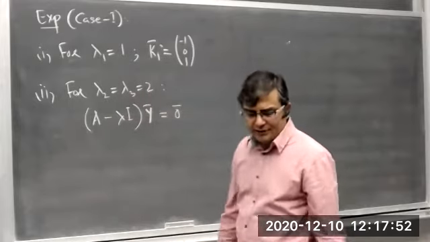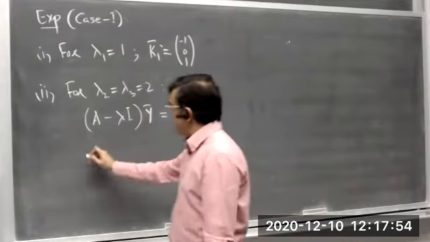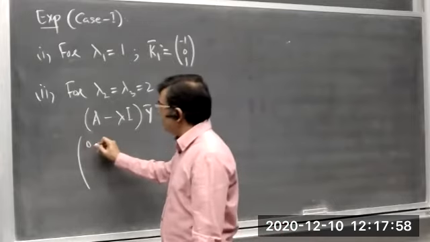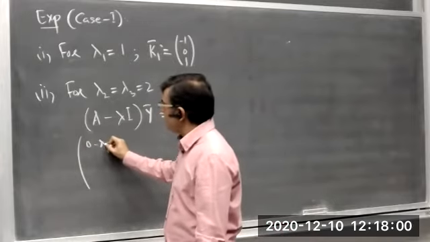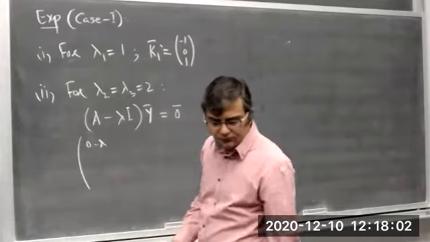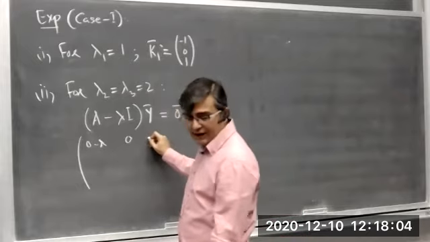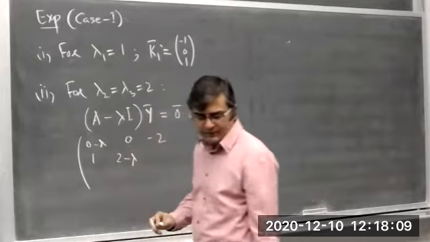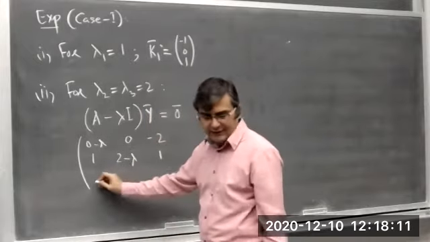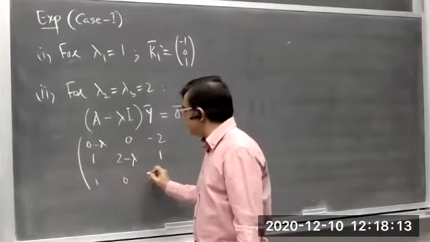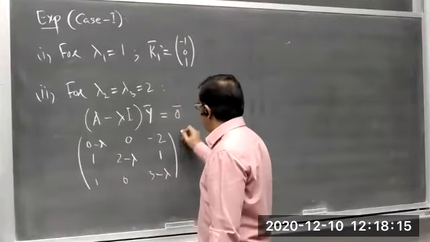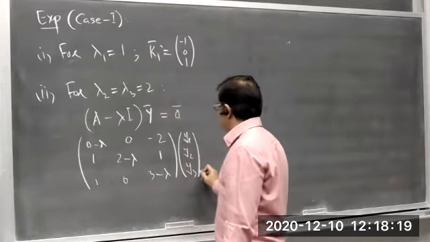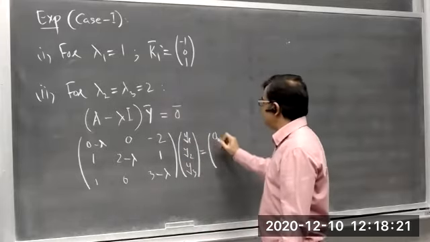Now, if we insert that matrix minus lambda, we obtain 0 minus lambda, 0, -2; 1, 2 minus lambda, 1; 1, 0, 3 minus lambda, times y1, y2, y3 is equal to 0, 0, 0.